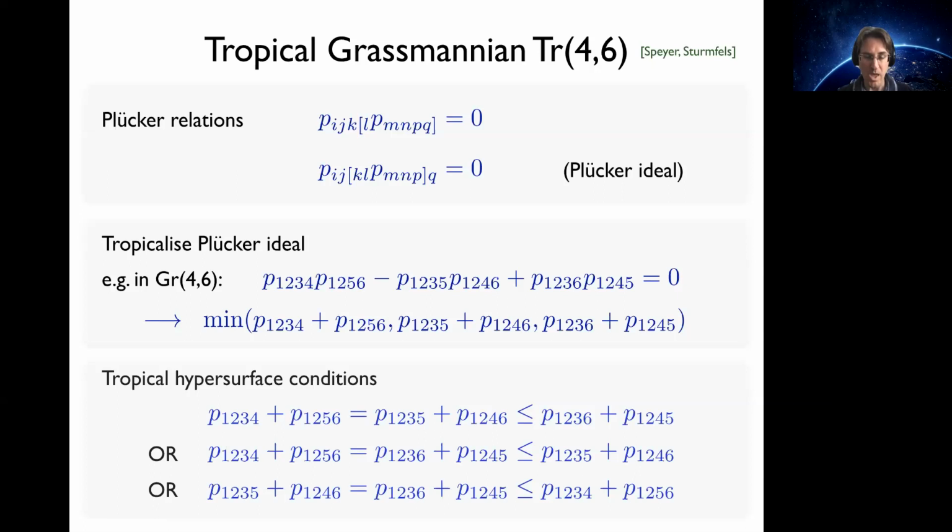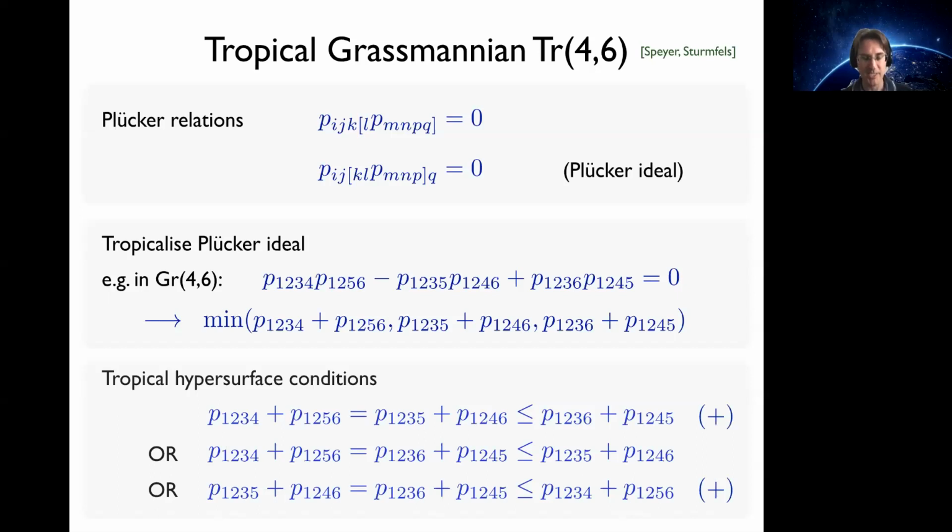Okay. Now, we lost the information of the coefficients, remember? In particular, we lost the information about positive and negative signs in our original Plücker relation. But we can recover that information by insisting that we pick only the tropical hypersurface conditions which correspond to picking terms in the original Plücker relation with opposite sign.